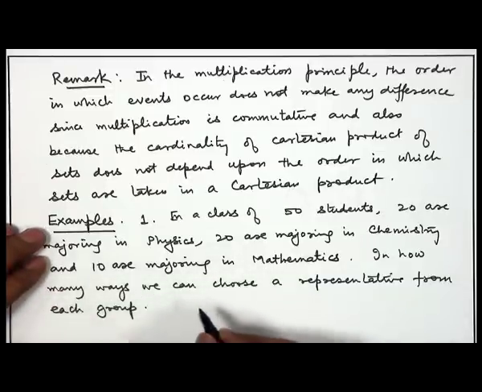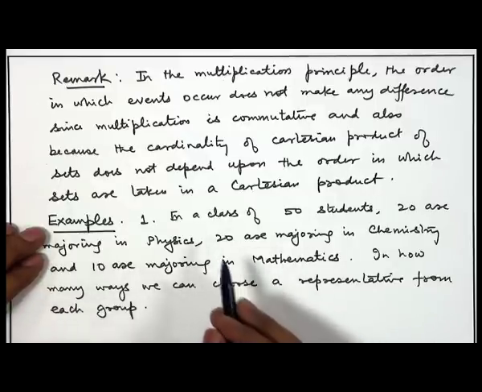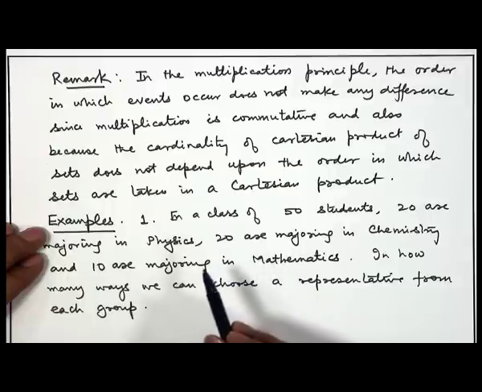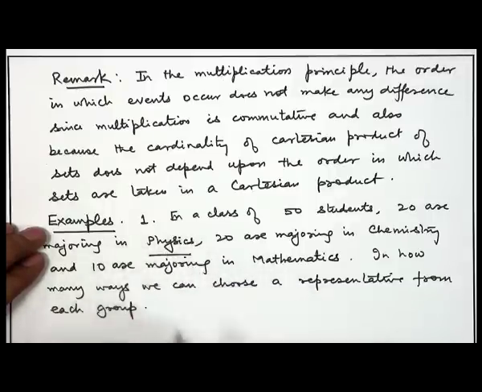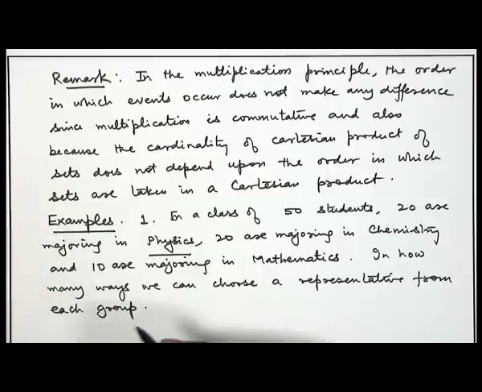So, now this is a very simple thing. If we apply the multiplication principle, in that case, if I consider this first one, that means the students majoring in physics. So, the representative from there can be any of the 20 students. So, the total number of ways will be 20.